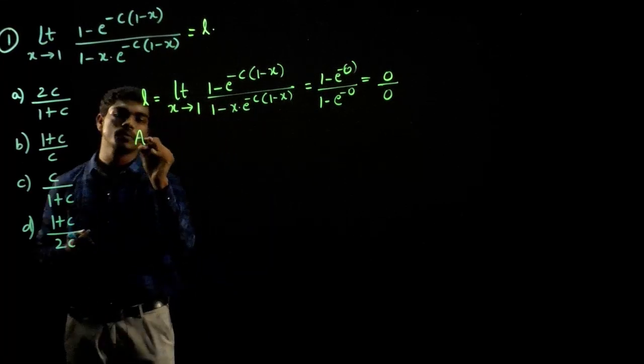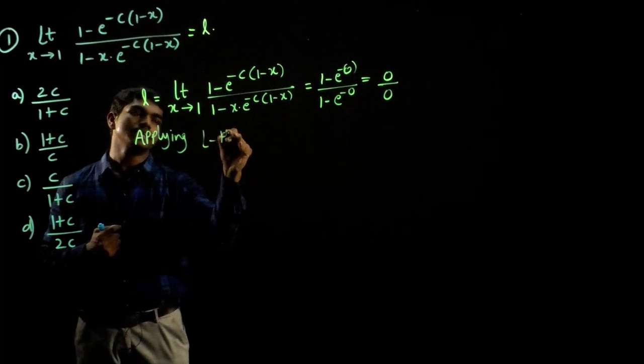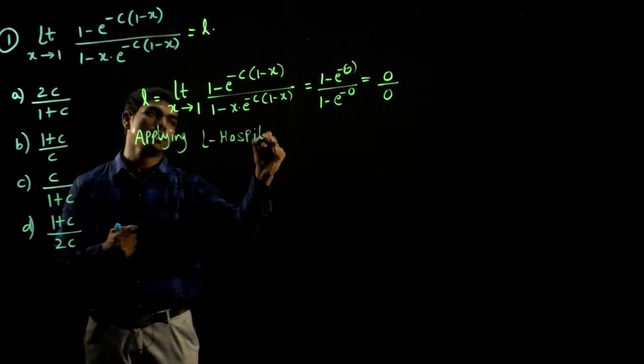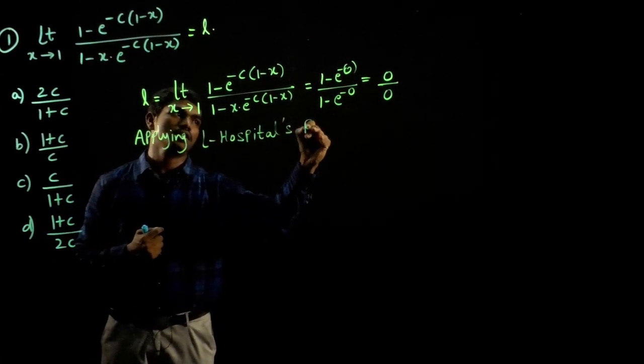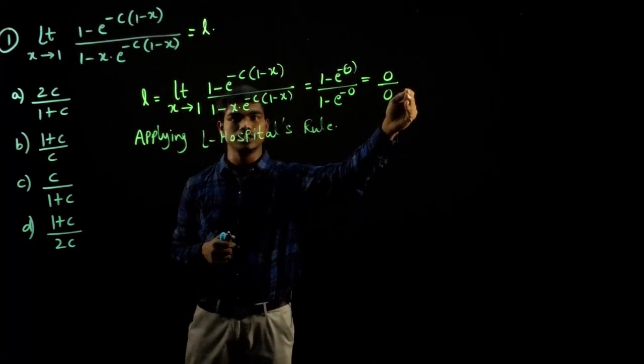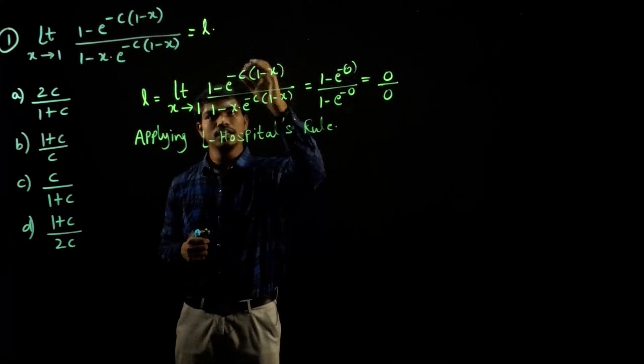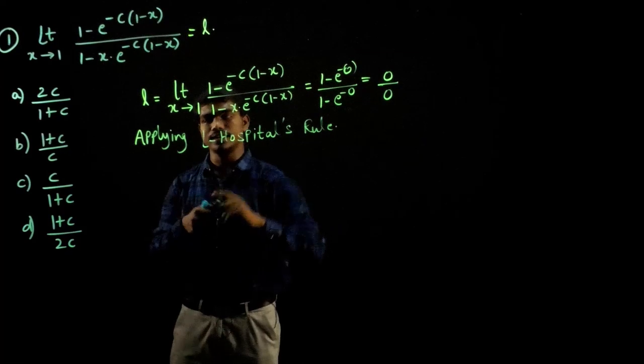So applying L'Hospital's rule. And what does L'Hospital's rule tell us? Whenever any limit is giving 0 by 0 form or infinity by infinity, it asks us to differentiate the numerator and denominator independently, correct?